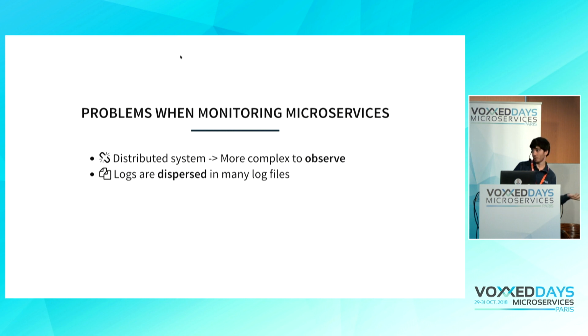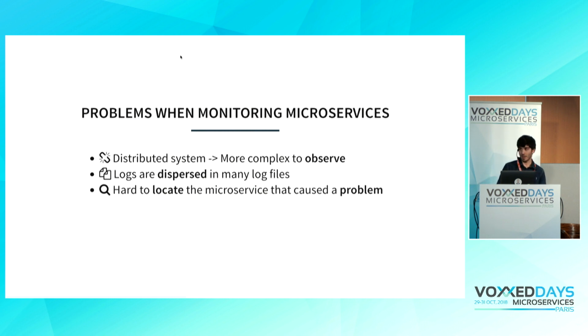Then the first problem you will encounter is the log files. They are dispersed. Every microservice has its log files, and moreover, every microservice exists in several instances, and you will have to find a way to centralize these logs. When you have a bug, when you have a problem, it's really hard to locate which microservice caused the problem.